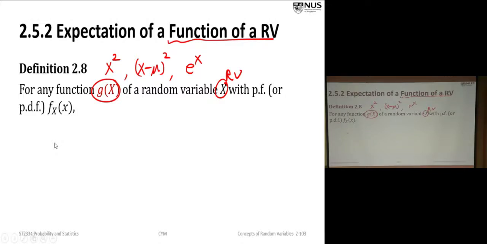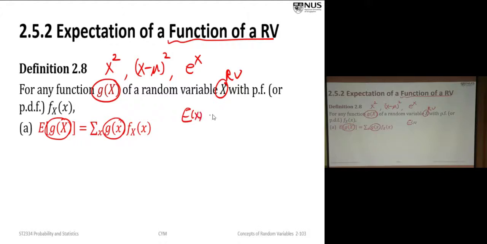All right? So if x has a probability function or probability density function f of x, then for the expectation of a function of x, you just replace x by g of x. So the expectation of x for the discrete case is the sum of x times f of x.